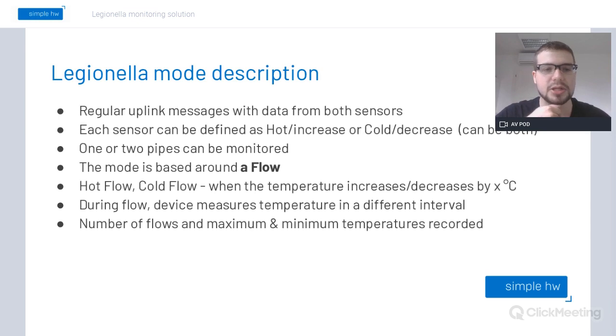Basically what the payload looks like, we haven't included an example in here because we think that would be too complicated, but generally what you receive with the regular messages is, first of all, two sets of data because you have two sensors. So for each of the sensors, you will receive the number of flows, basically the number of temperature exceptions that happened during the monitored interval.